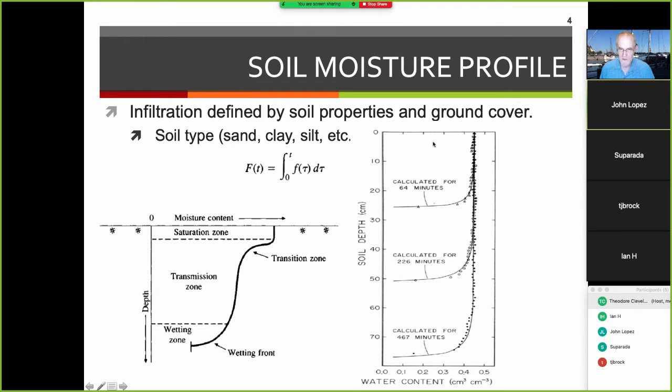So even though at the surface the water supply is constant, as it moves deeper into the soil, it takes longer and longer to get deeper and maintain these high levels of saturation behind it. There's some sort of nonlinear behavior there. It is nonlinear.